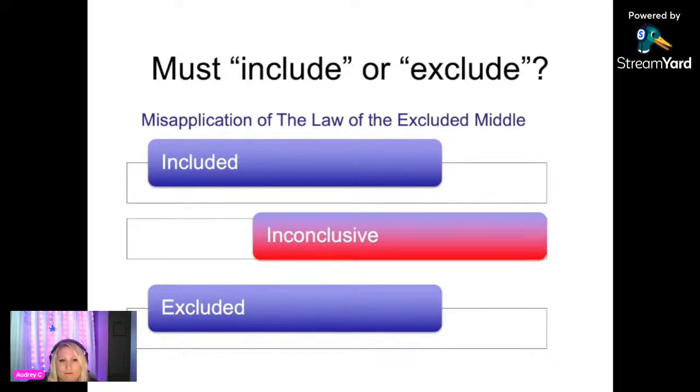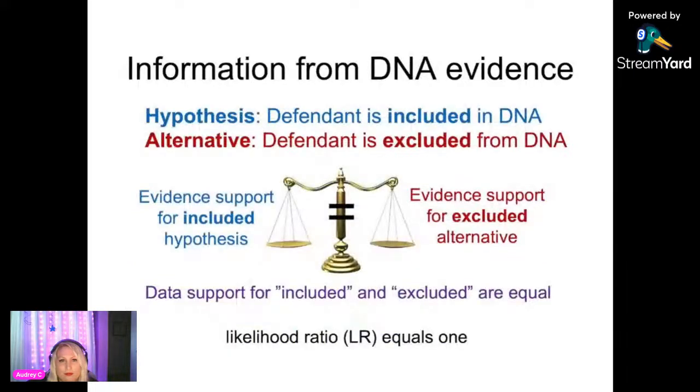We must ensure that scientific testimony and evidence is relevant and reliable. Here, there is too large an analytical gap between the inconclusive result and the inference of guilt. Forensic scientists obtain identification information from DNA evidence.